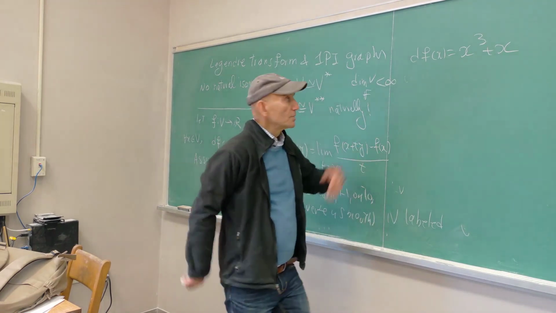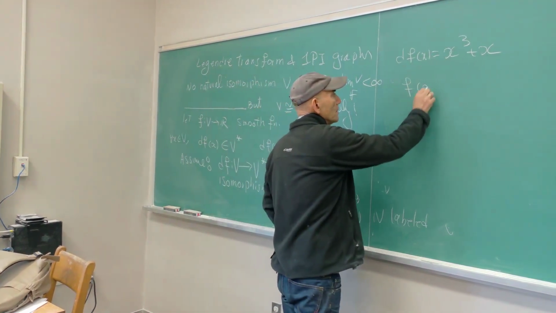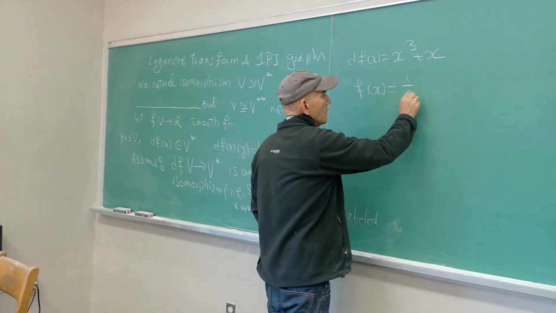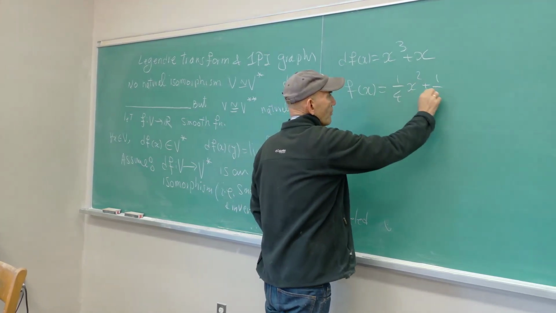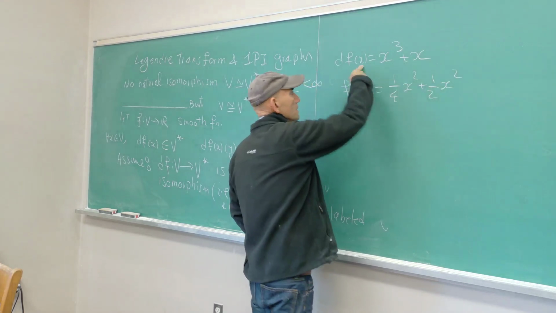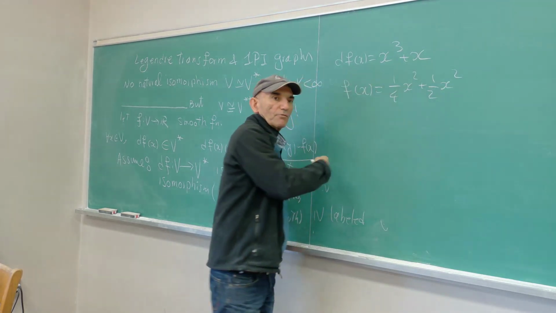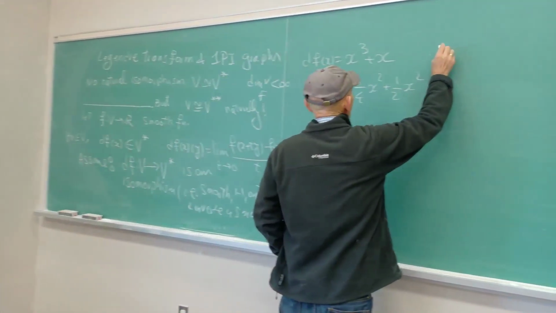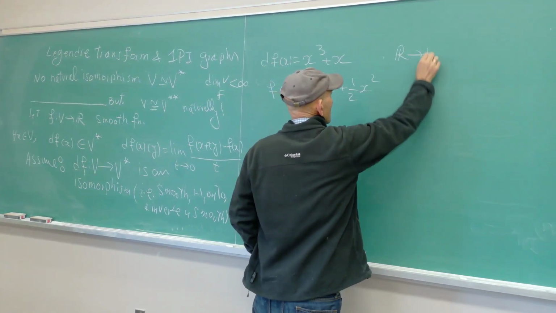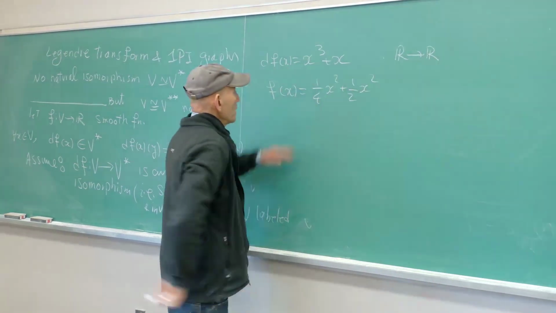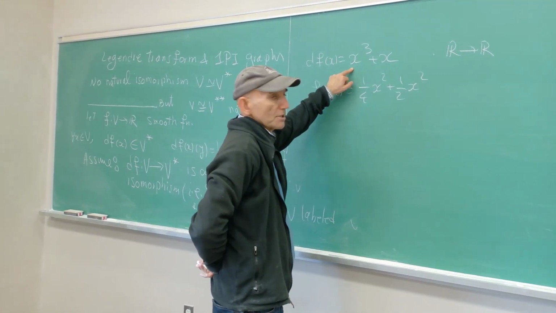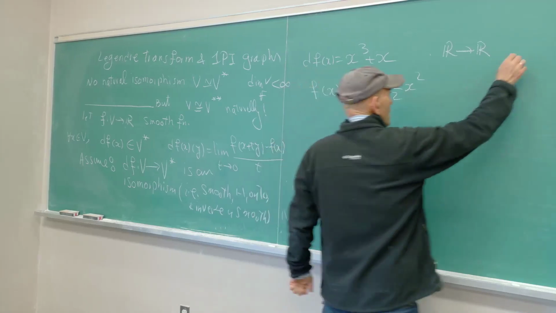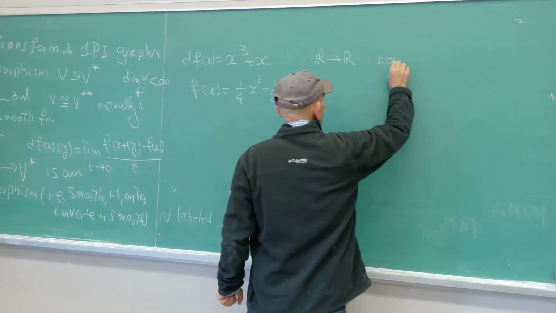So f of x equal to a quarter of x to the fourth plus half of x squared gives me this, and this is an example of a nonlinear isomorphism from R to R. The derivative of this is never 0, so that's pretty good.